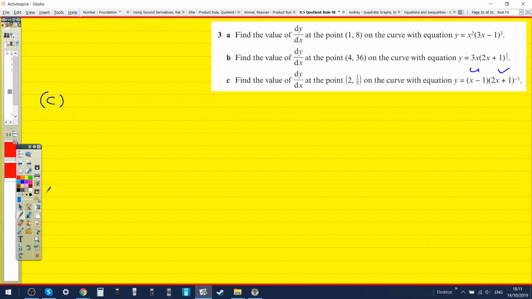Okay, go on, say it again. Minus 1. Why is it times minus 1? Because of BIDMAS, the minus 1 is to the power of only the second bracket.